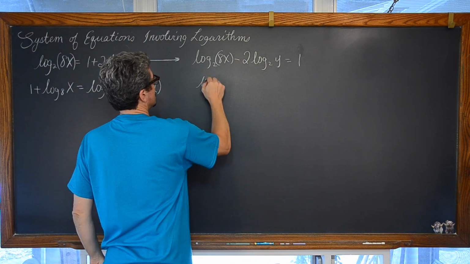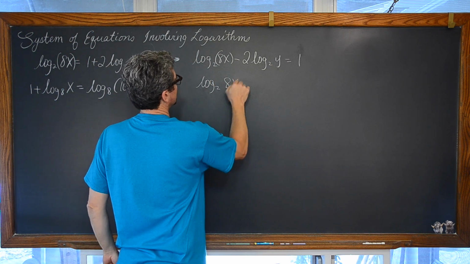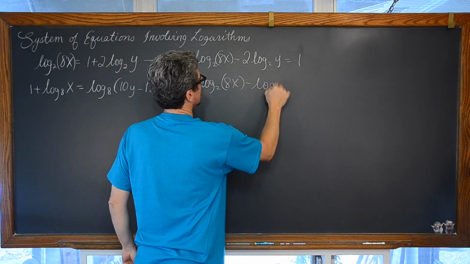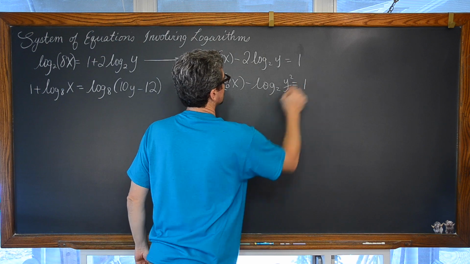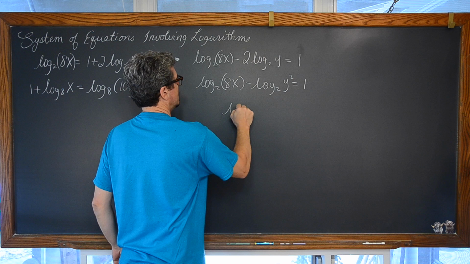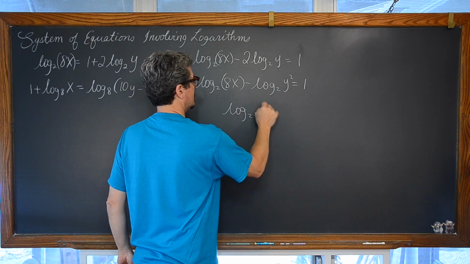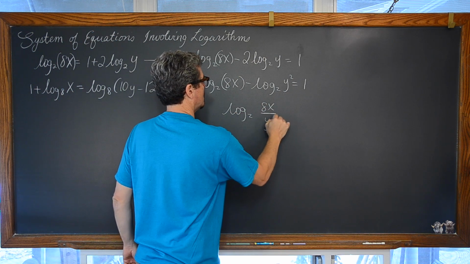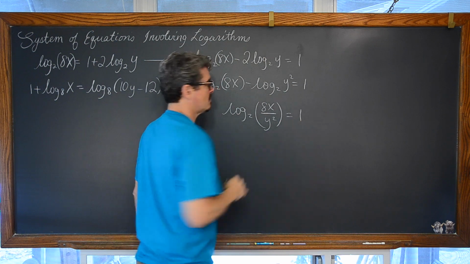So we can write this as log base 2 of 8x minus log base 2 of y squared is equal to 1. Now we can bring this together and write it as a single logarithm and say that we have log base 2 of 8x over y squared is equal to 1.